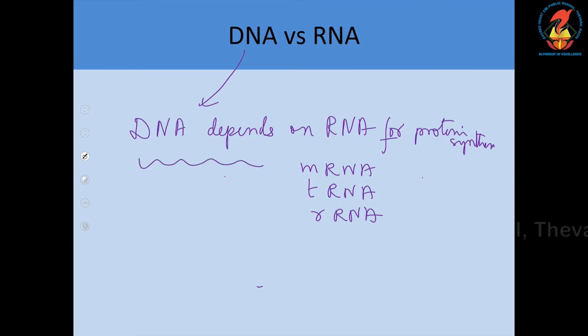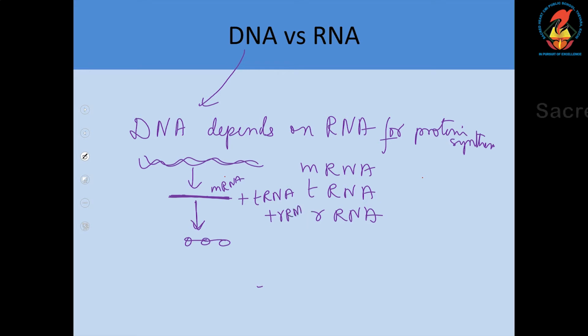We know that from the DNA mRNA is synthesized, and from the mRNA proteins are synthesized, and this mRNA, for it to get coded into proteins, requires the help of tRNA. So mRNA is needed, tRNA is needed, and not only that, to start off translation we require ribosomes, and to prepare ribosomes rRNA is needed.